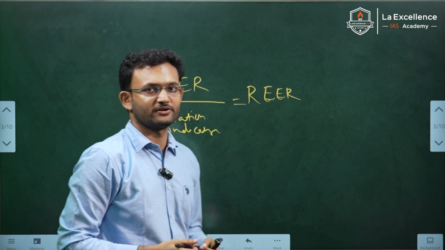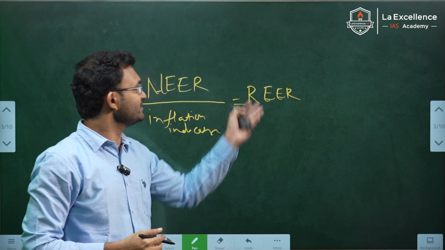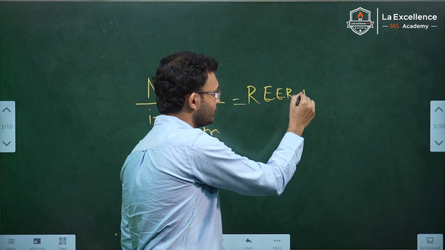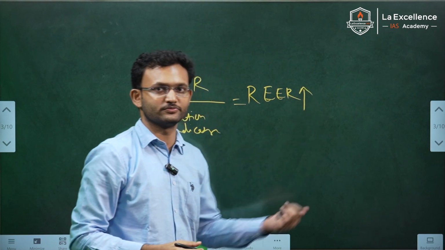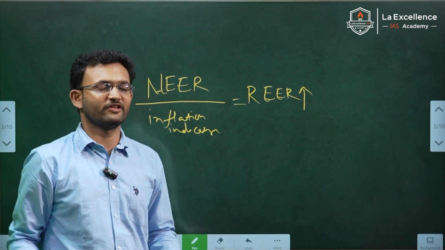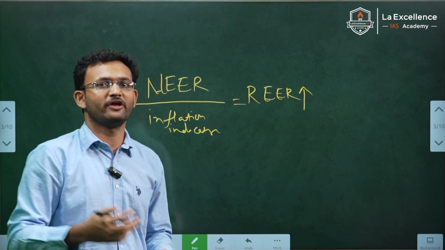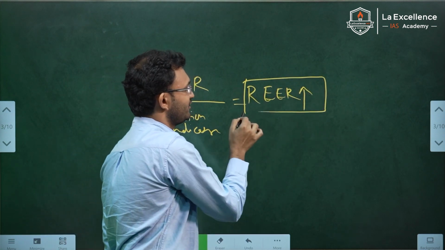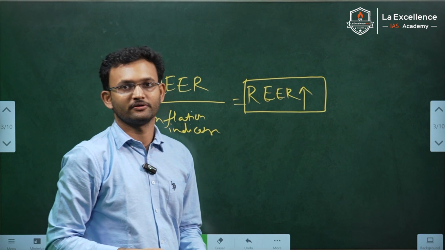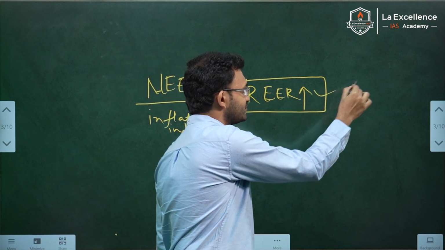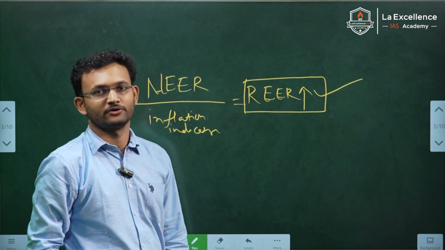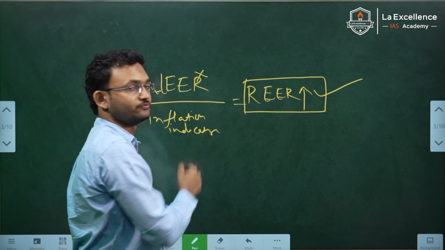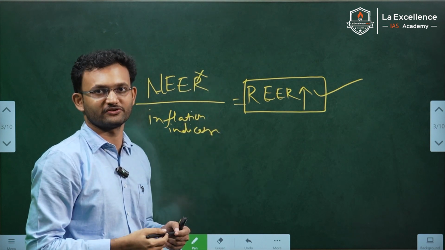Just to understand, what does an increase in the real effective exchange rate mean? An increase in the real effective exchange rate means in real terms, after factoring in all the inflation and all the relative weighted averages, it signifies appreciation of the Indian rupee. And this REER is considered to measure trade competitiveness, and not the nominal one, not the normal exchange rate.